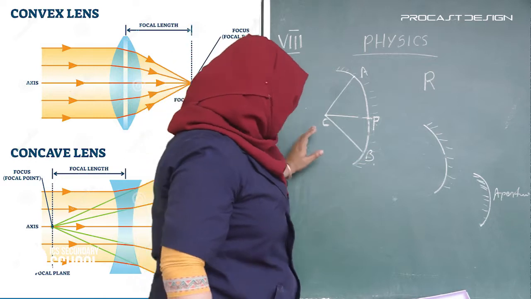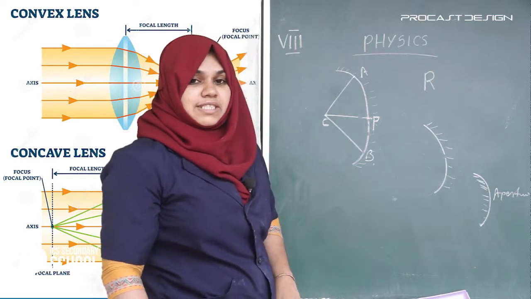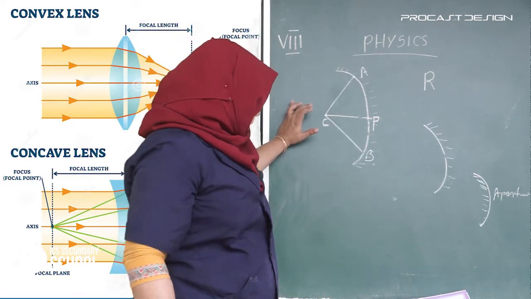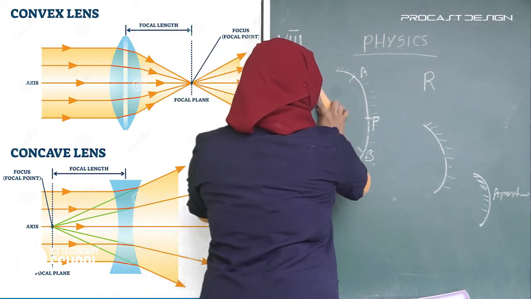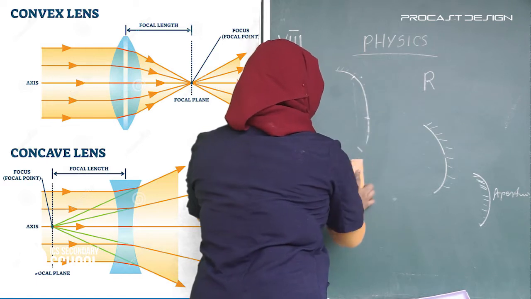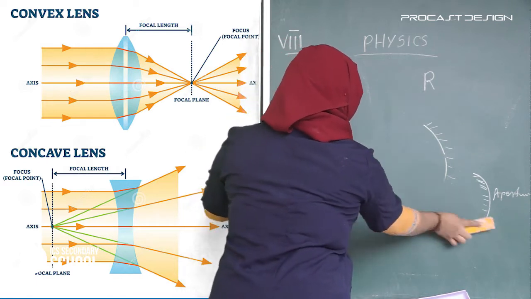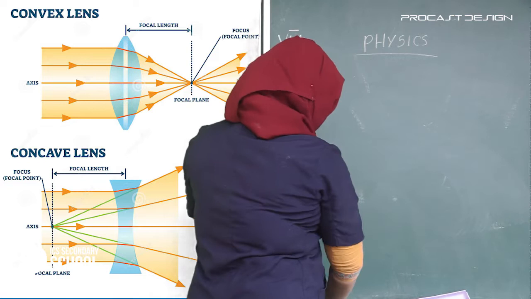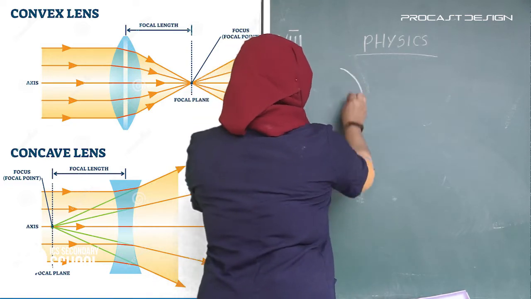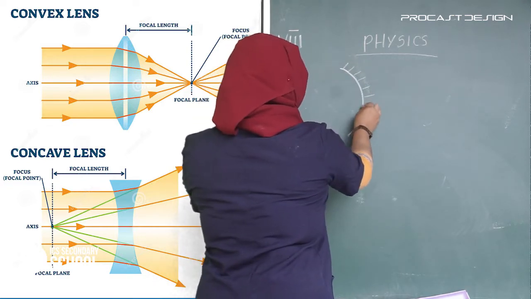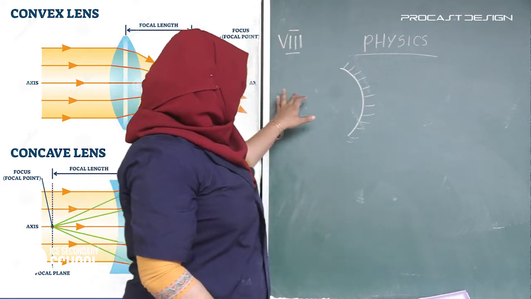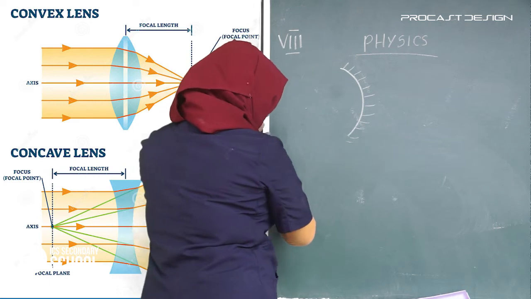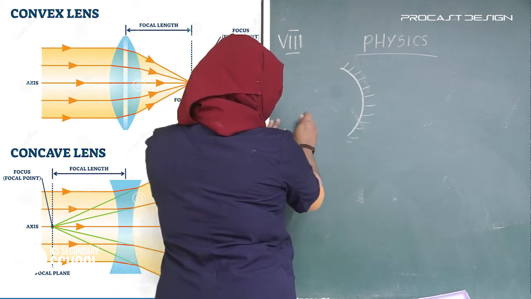Then, principal axis. What is the principal axis? It is the straight line connecting the pole of the mirror and the center of curvature.